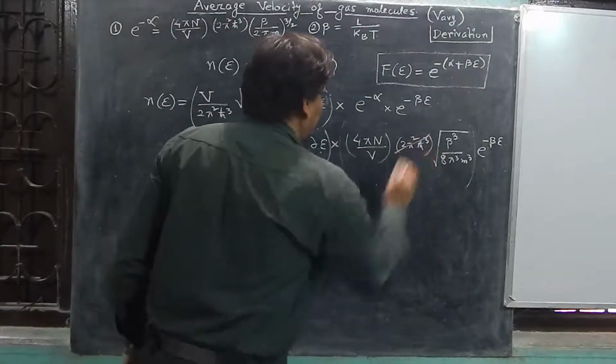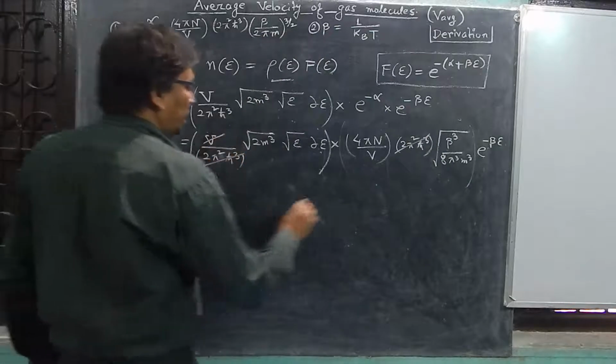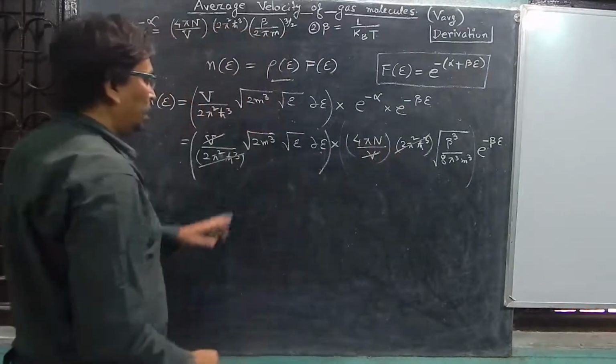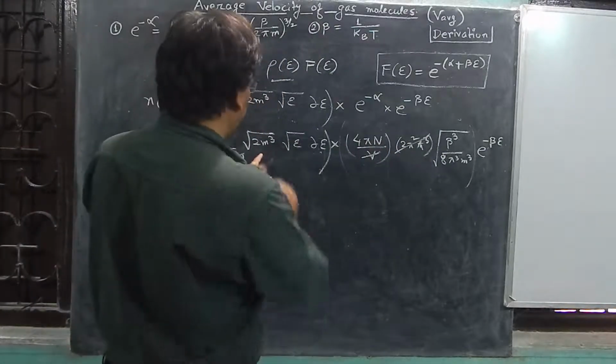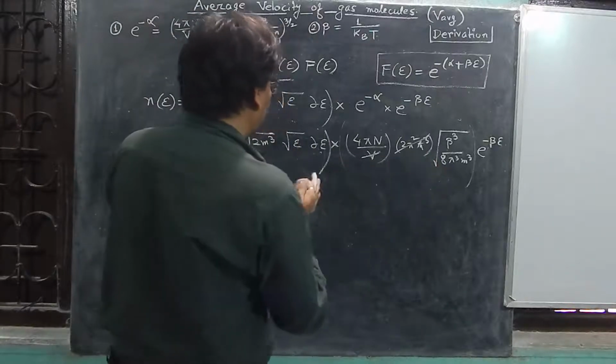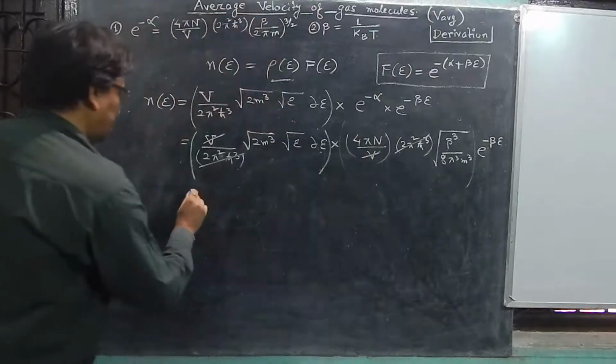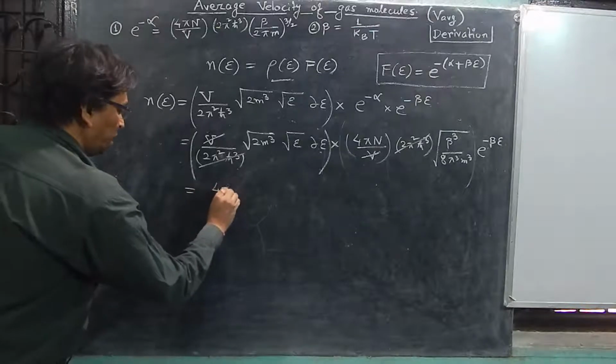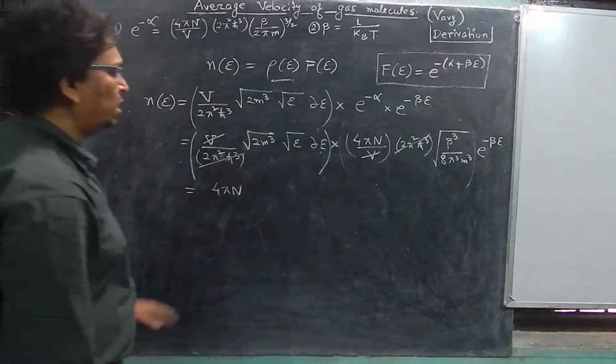This V and this V, the volume, are cancelled, and the remaining things are under root, so you can take the root together, and 4 pi n comes outside.